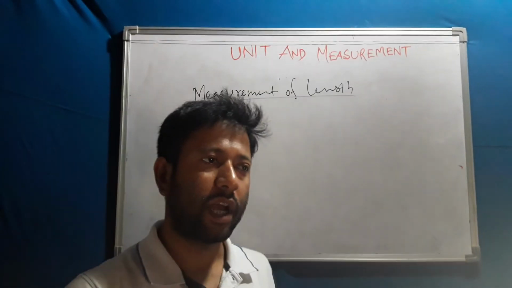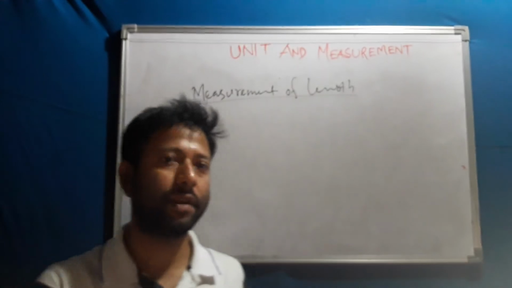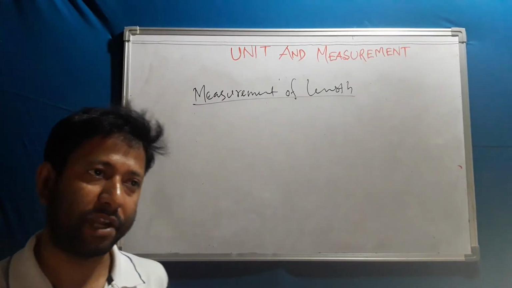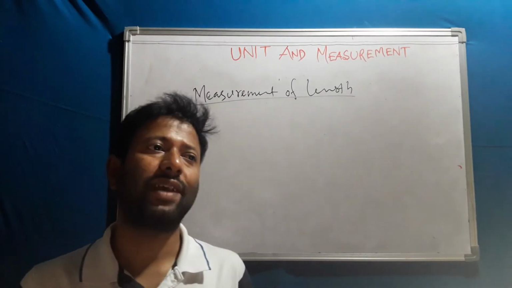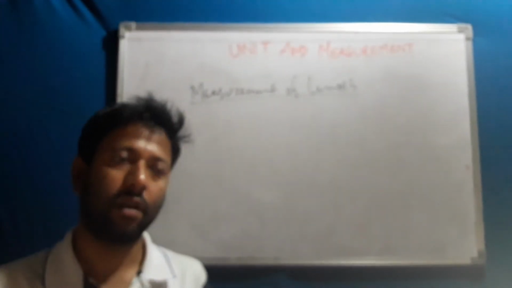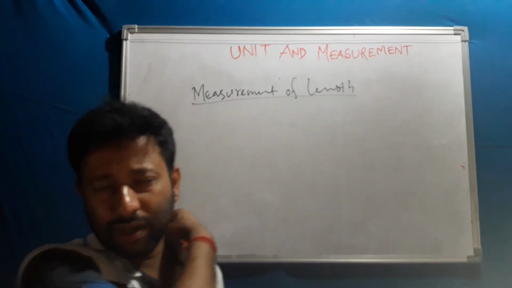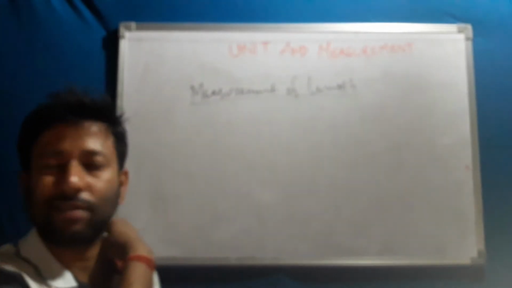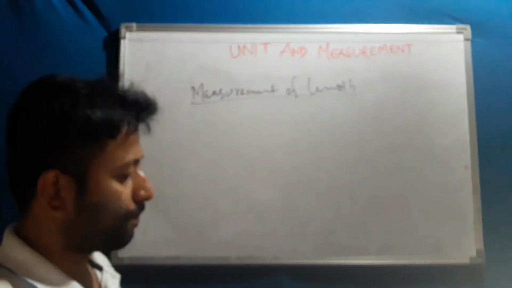This meter has been decided in a particular manner: at a particular temperature, particular pressure, and particular environment, keeping in mind international acceptance. In such an environment, they decided a particular length as 1 meter, and with respect to 1 meter, they have circulated this measurement all over the world. I'm not going into details about all these things, and this is not important from your exam point of view.